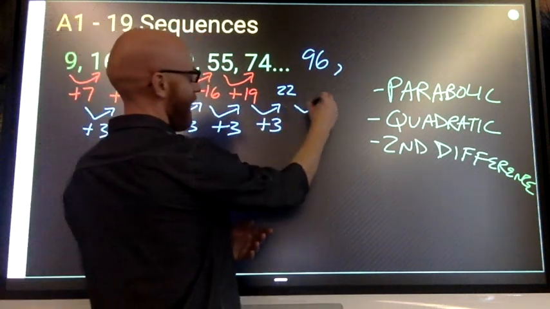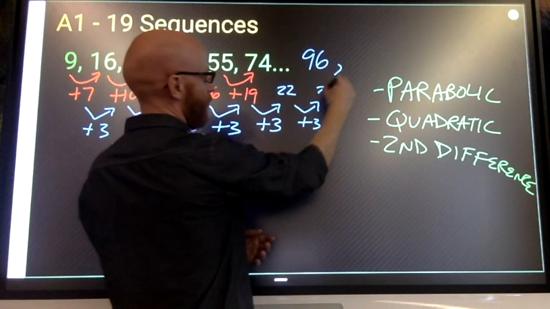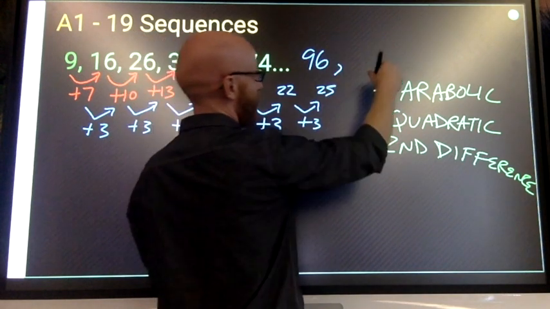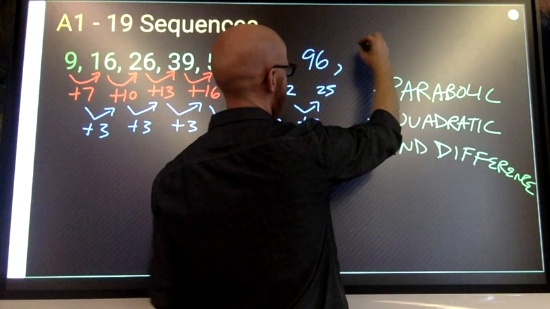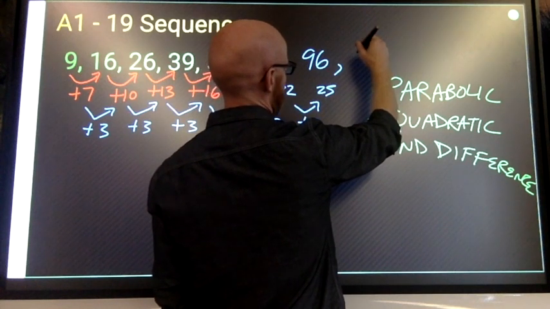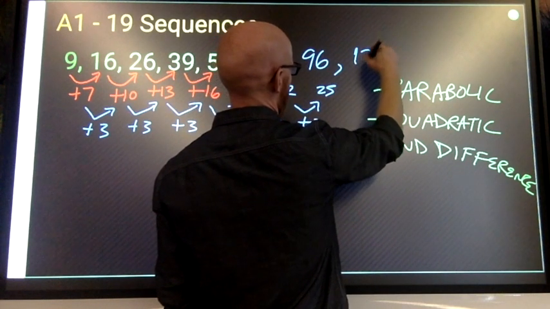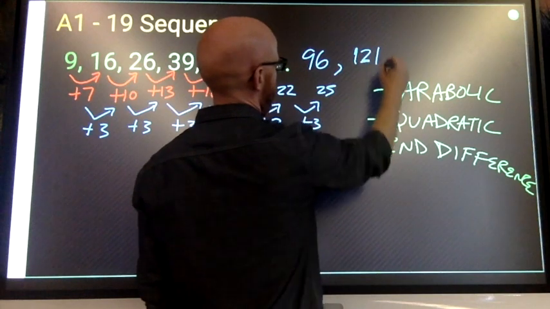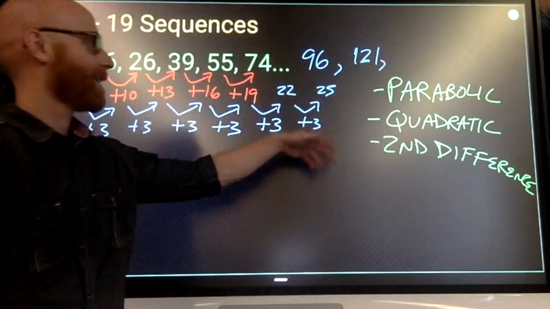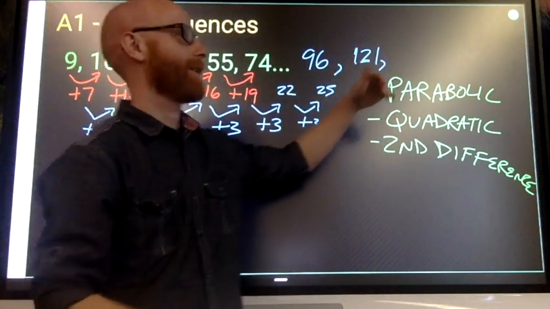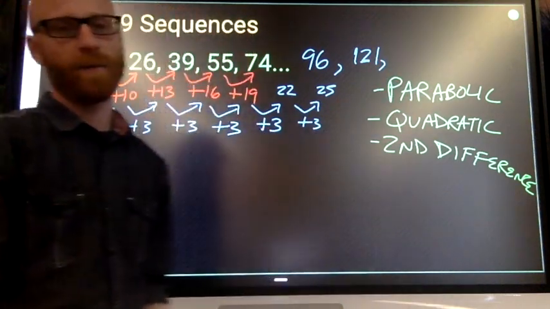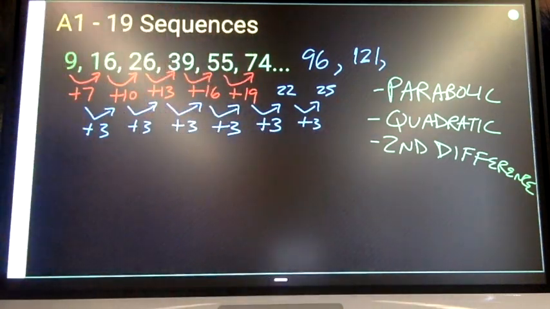Now I'm going to need to add a 25. So the next one will be 96 plus 25, which is going to be 121. And then I would have to add 28. And then I would have to add 31. So they're kind of tough to build. But you should be able to recognize them when you see them.